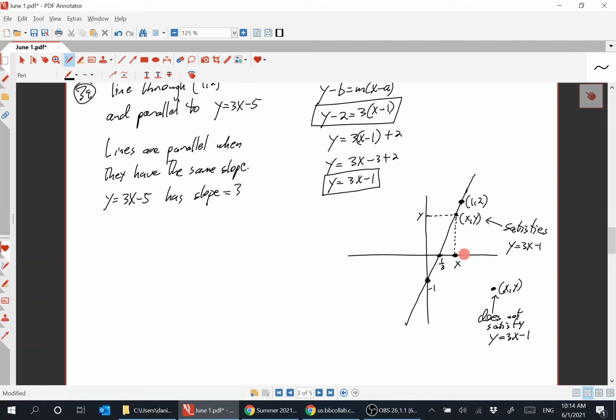In other words, if I took this x value, whatever it is, like 2/3, and I plugged it into here, then it'll give me that y value, right, which is going to be 1. Like this was 2/3, and that's 1. If you took this point here and you stuck the x into the 3x minus 1, it would not equal whatever the y coordinate is. Okay? Makes sense? Yeah.